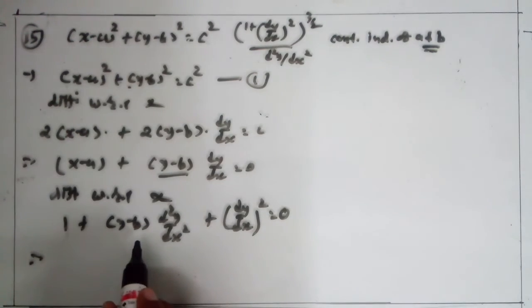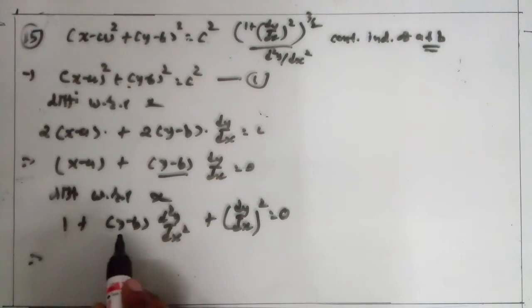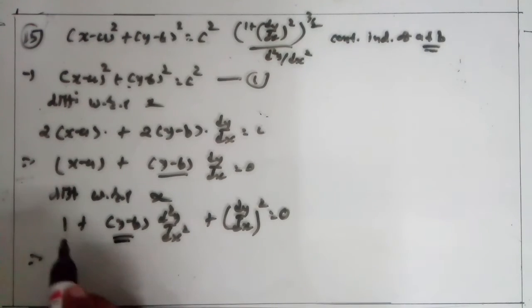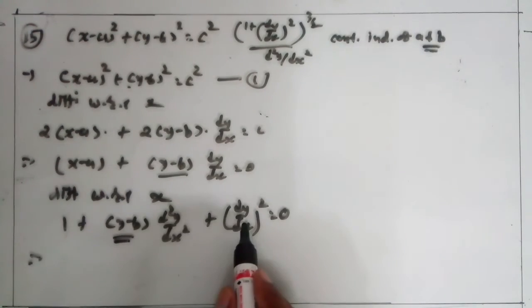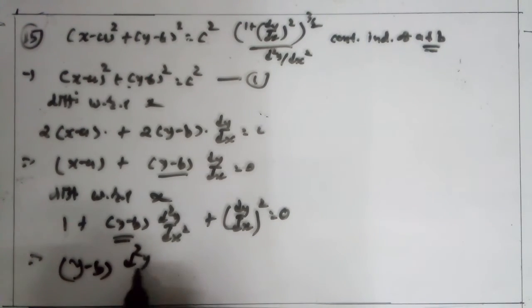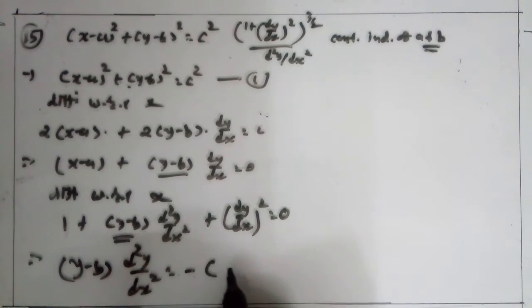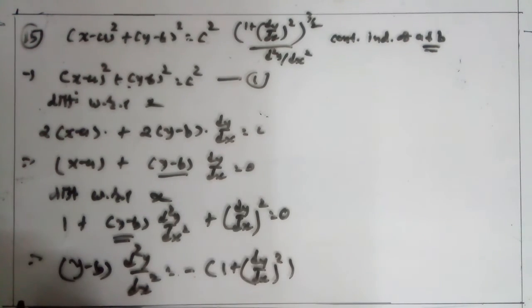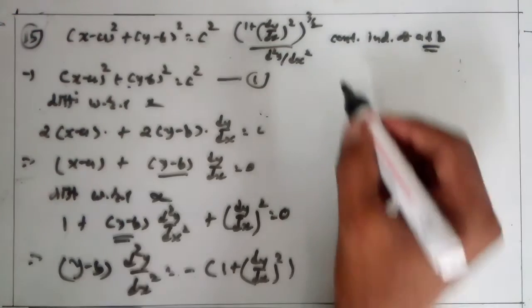Therefore, here formulate (y − b) from these terms. 1 plus these terms, write this side. So (y − b) d²y/dx² is equal to minus [1 + (dy/dx)²]. Clear? Now formulate this.